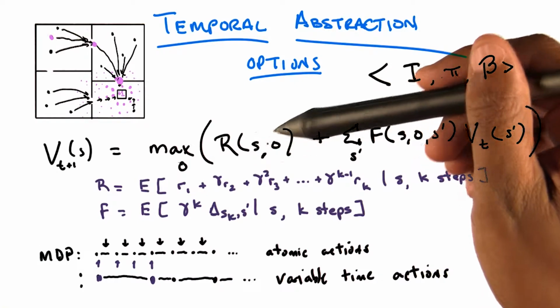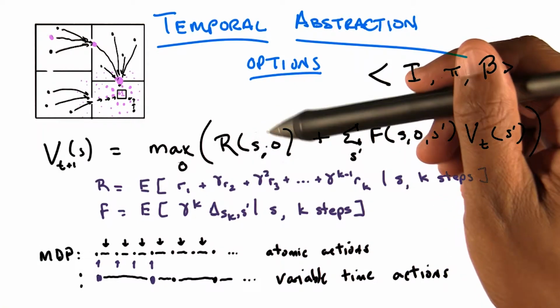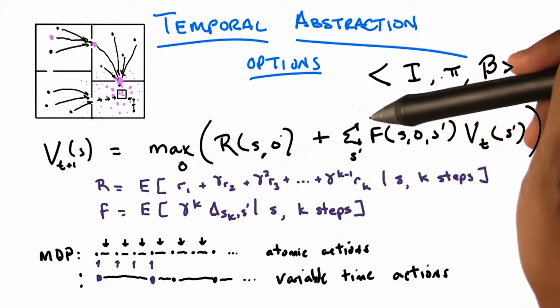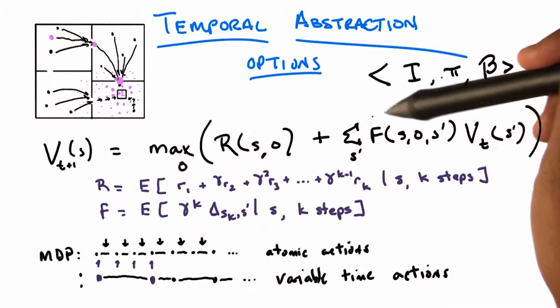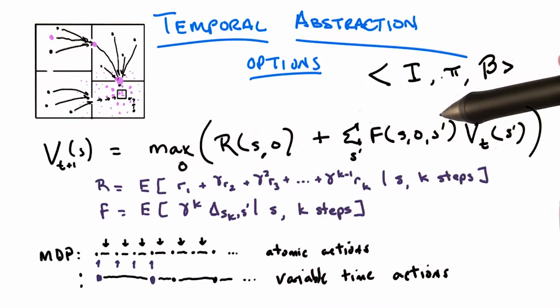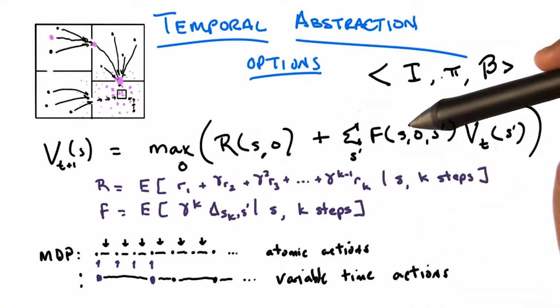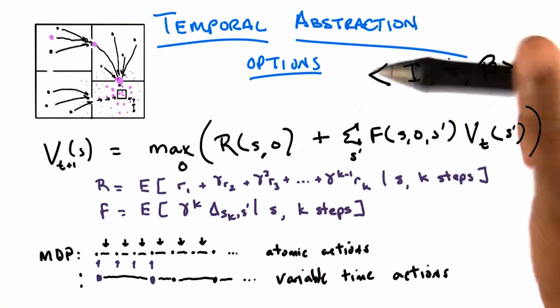If the option is, in fact, a single action, then it would be exactly the same as the reward we would get for being in that state and taking that action. Similarly, F is just a transition function, except now it's the accumulation of all the transitions of starting at S and ending up in S prime after K steps, given that I took the particular actions that are inside of the option and defined by pi.